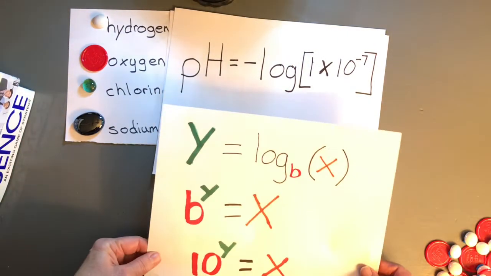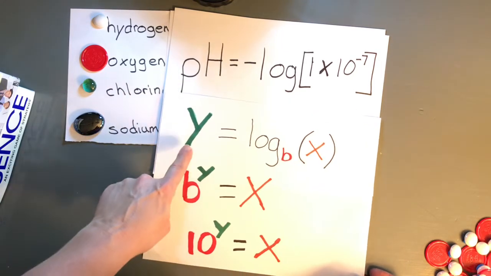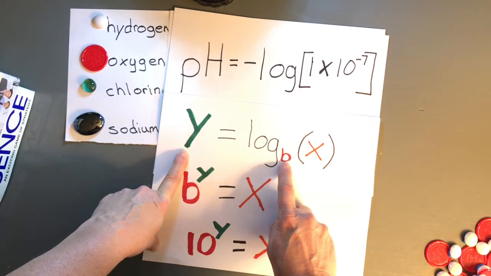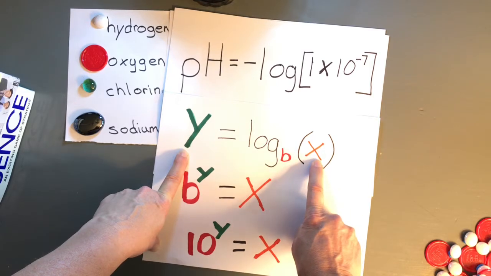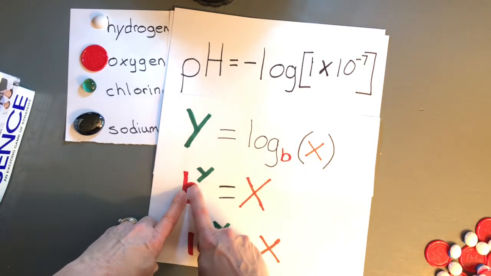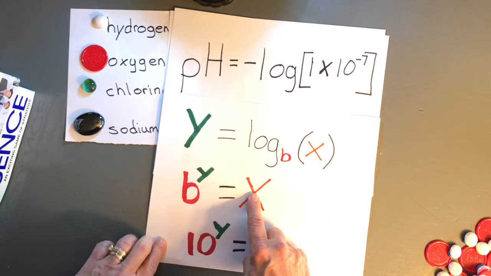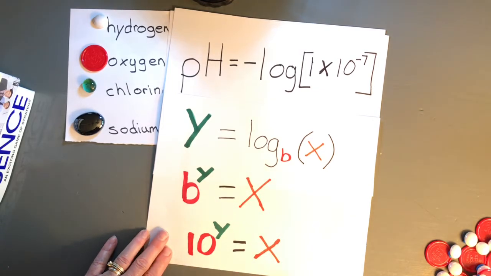Well, how does that work if we don't know logs? Y would stand for our pH, and the log at base 10 of the concentration of hydrogen ions. So 10 raised to y is going to give us the concentration of our hydrogen ions.